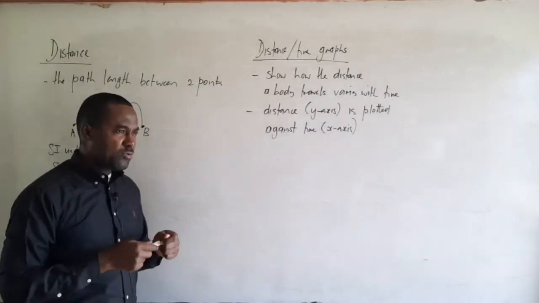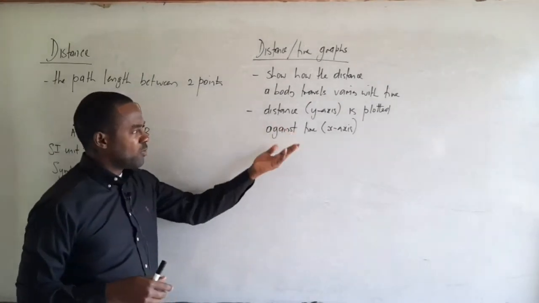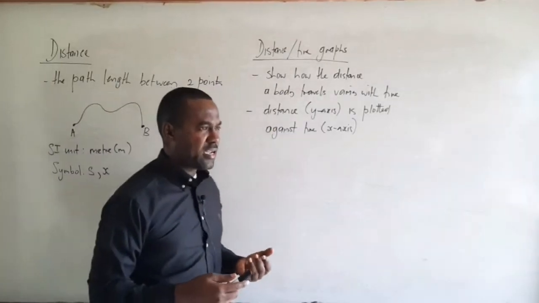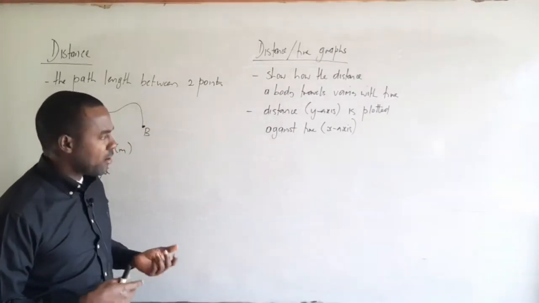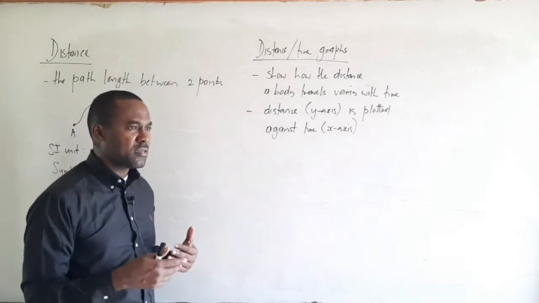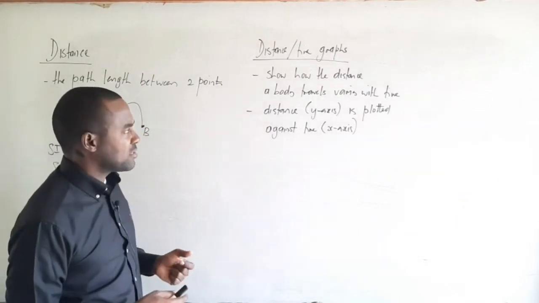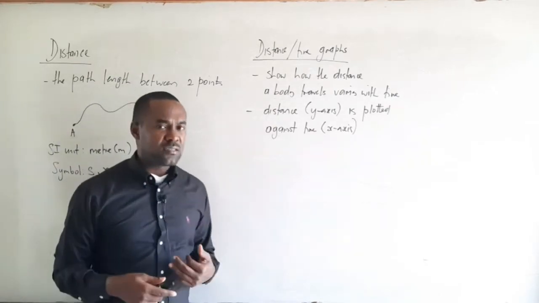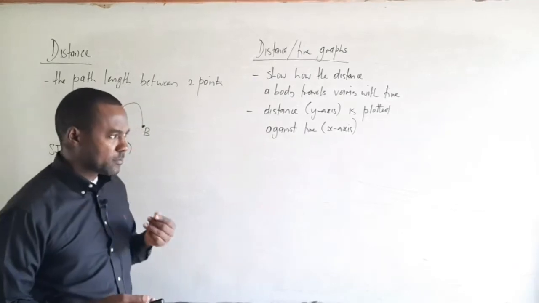But there may be other units used as well. You may see distance in kilometers and time in hours and so on, but typically we use the SI units: the meter for distance and the second for time.